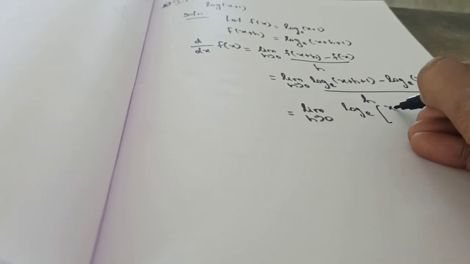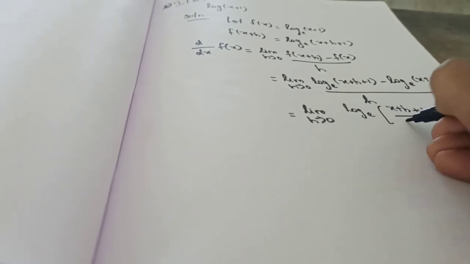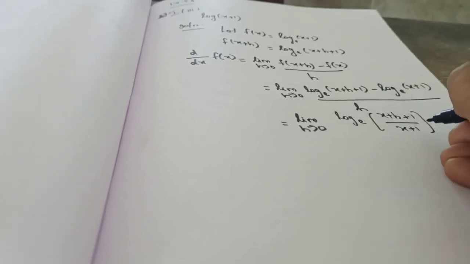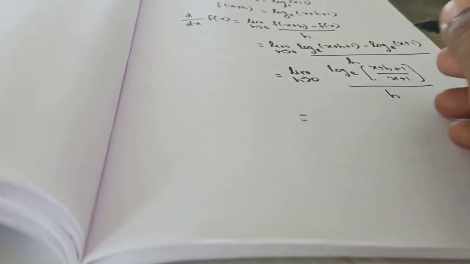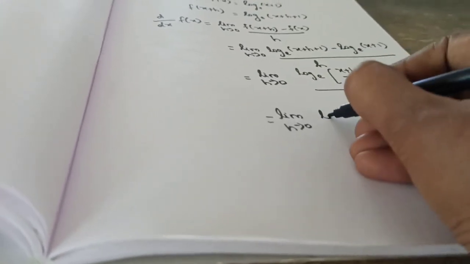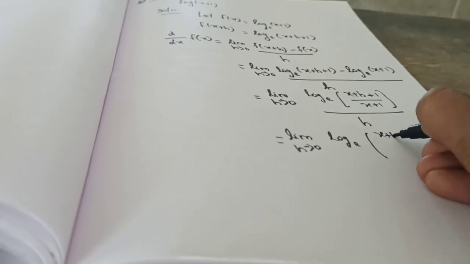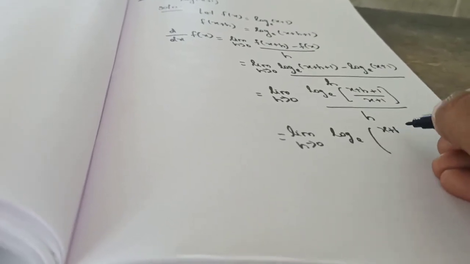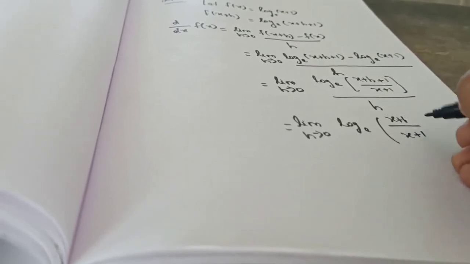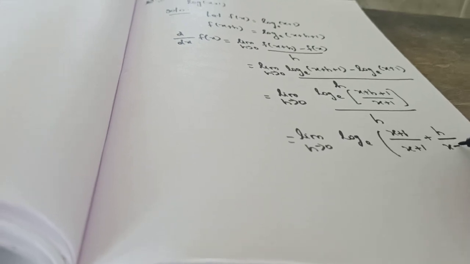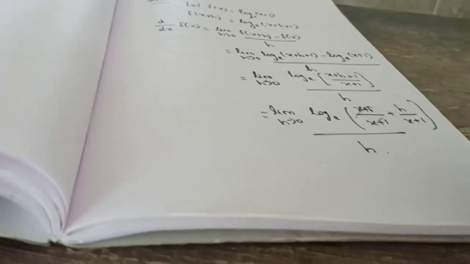That is limit log e of a by b, so x plus h plus 1 divided by x plus 1, divided by h. So what will happen? We will split it as 2. Limit h tends to 0 log, so split it as 2, x plus 1 divided by x plus 1, another one is h divided by x plus 1. Okay, so this will get cancelled, divided by h.